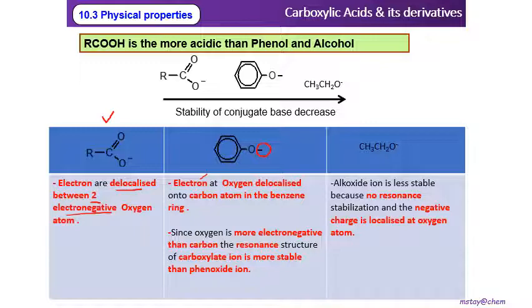But in the benzene ring, there are carbon atoms. So the difference between these two compounds is the delocalization between two oxygen atoms, while on the phenol side, the delocalization happens between the carbon atoms. This main difference gives them different acidity.